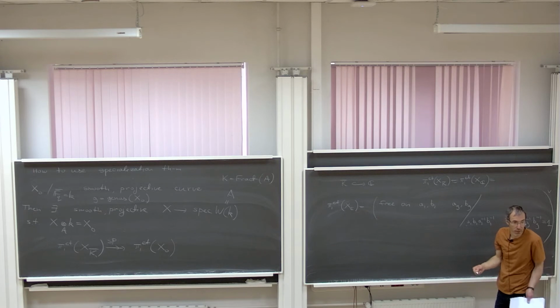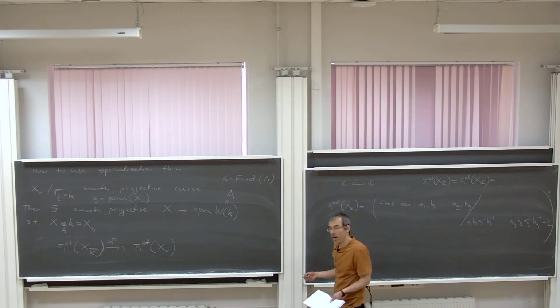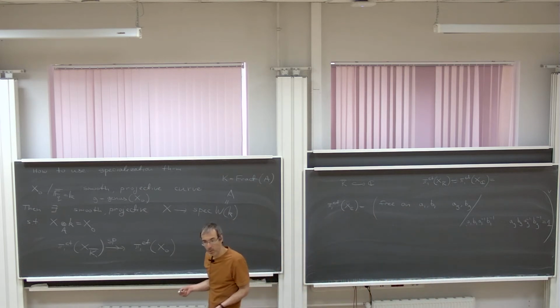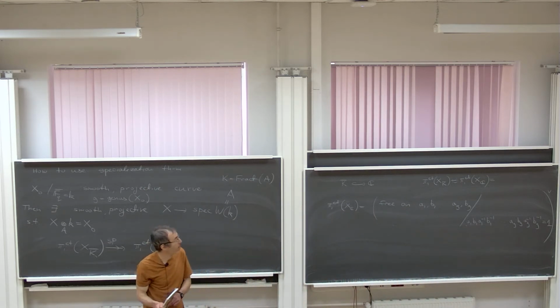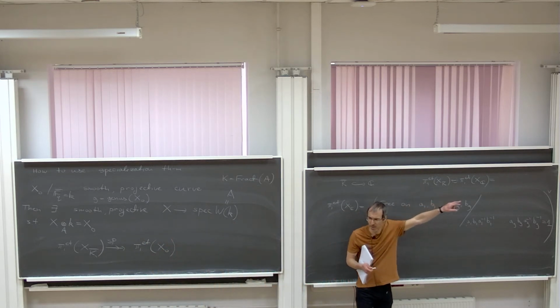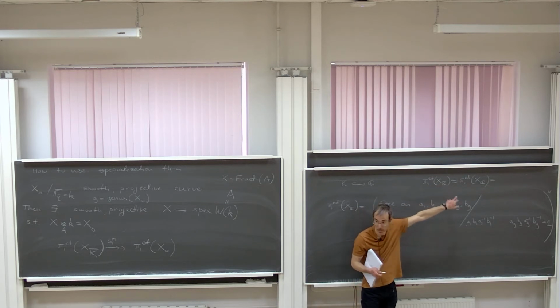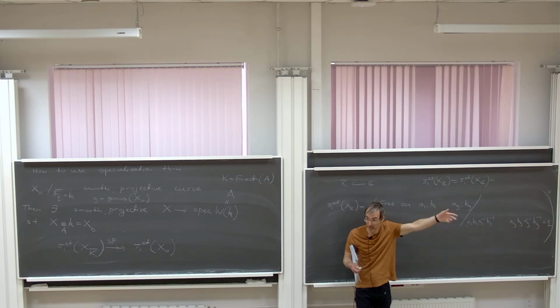And since it acts on the category, it acts on the fundamental group. Well, there are some complications here. It doesn't preserve the fiber functor; the fiber functor also gets twisted.